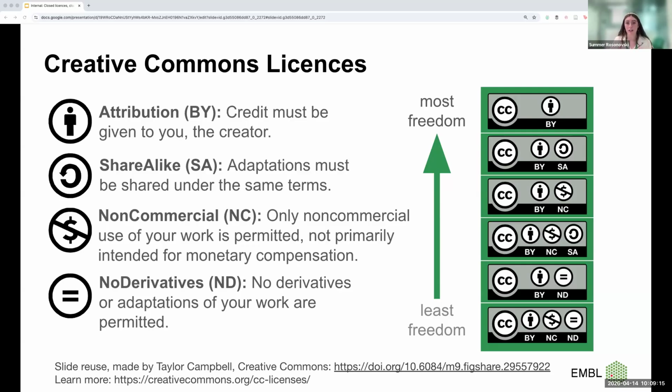For example, this slide here was created by Taylor Campbell from Creative Commons, who made the slide for the Europe PMC and Creative Commons webinar, What Happens When You Choose Closed, and what creative licenses mean for research and AI. So this is the way that I have attributed that work here. And I should add here that many funders recommend or require a CC BY license for open access publications, and it is the least restrictive license of those shown here.